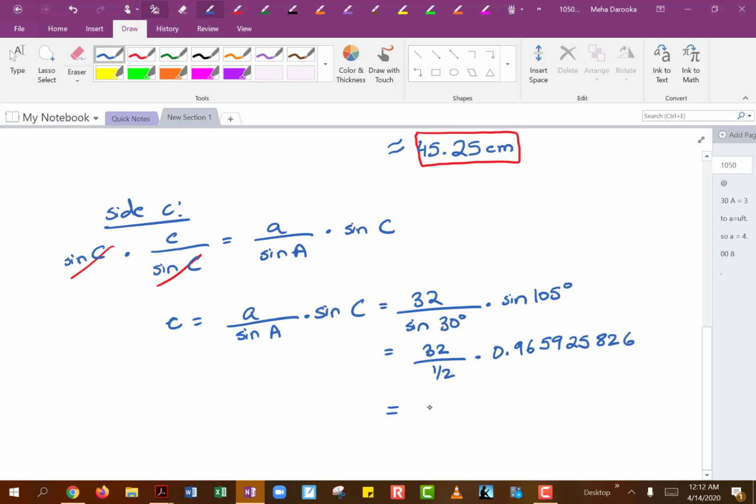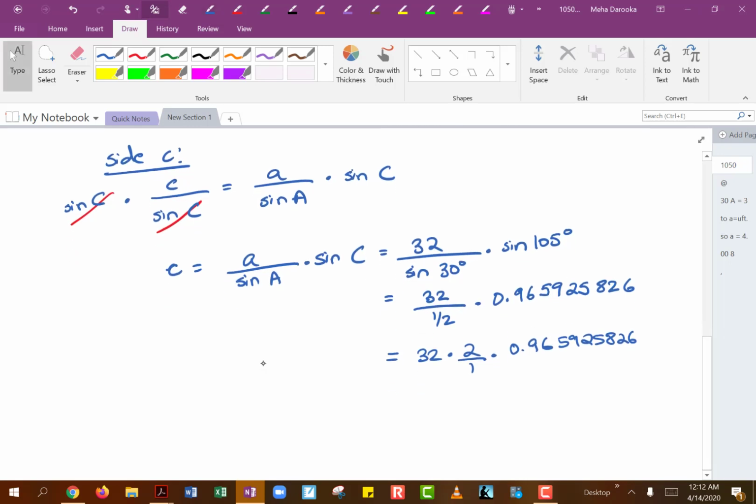So let's go ahead and clean this up. You have 32 dividing by 1/2, so again multiplying by 2 over 1, and then multiplying by this sine of 105, and you can actually leave it as sine of 105 if you like. You don't have to write this decimal approximation. And then basically you're just multiplying everything.